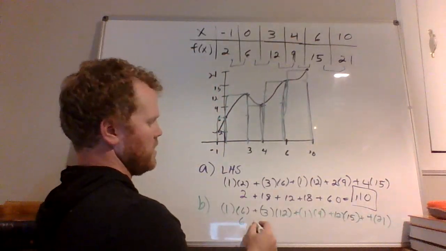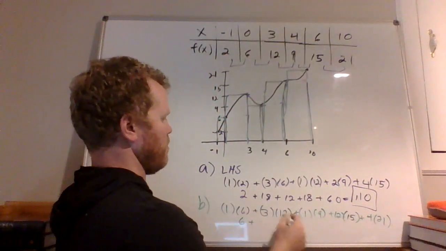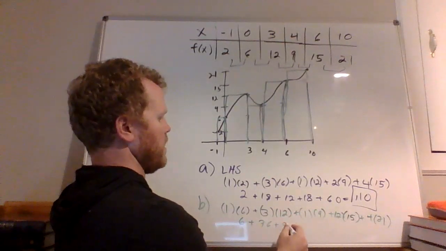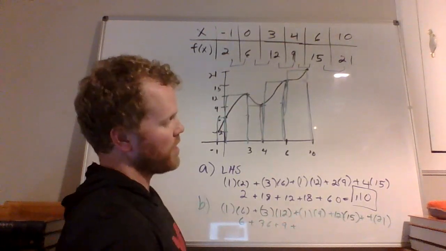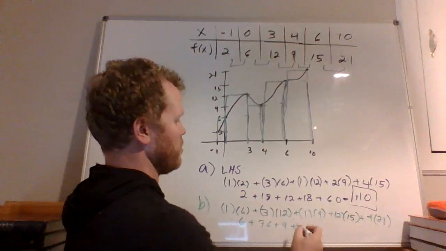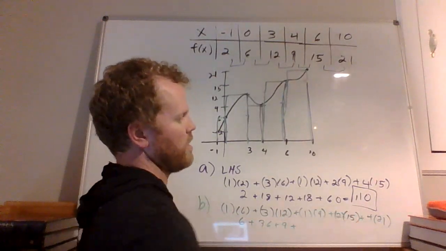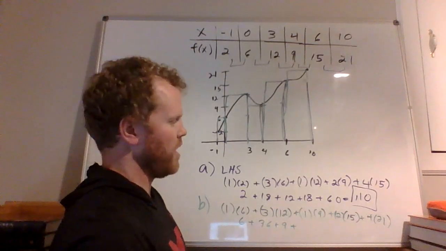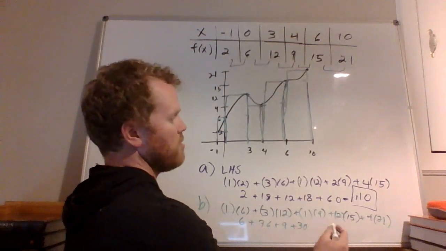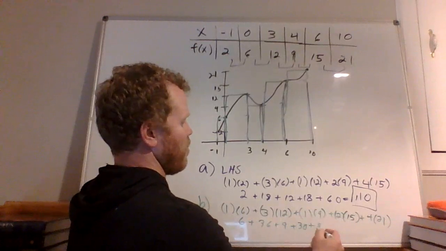So you get 6 plus 3 times 12 is 36, plus 9 plus 2 times 15, sorry, that was a 2, that was a parenthesis. Can't read my own writing. 2 times 15 is 30, plus 4 times 21 is 84.